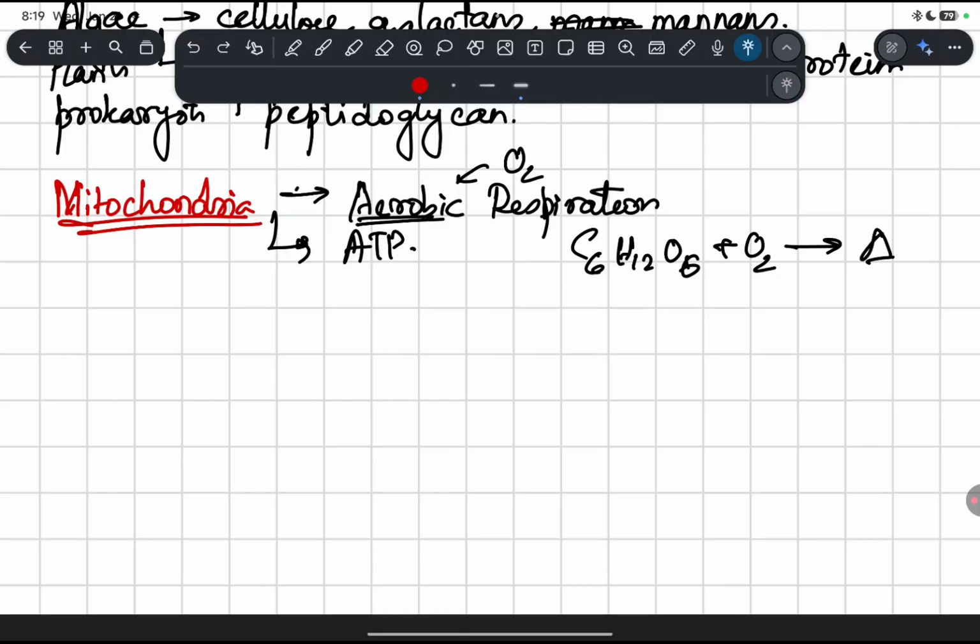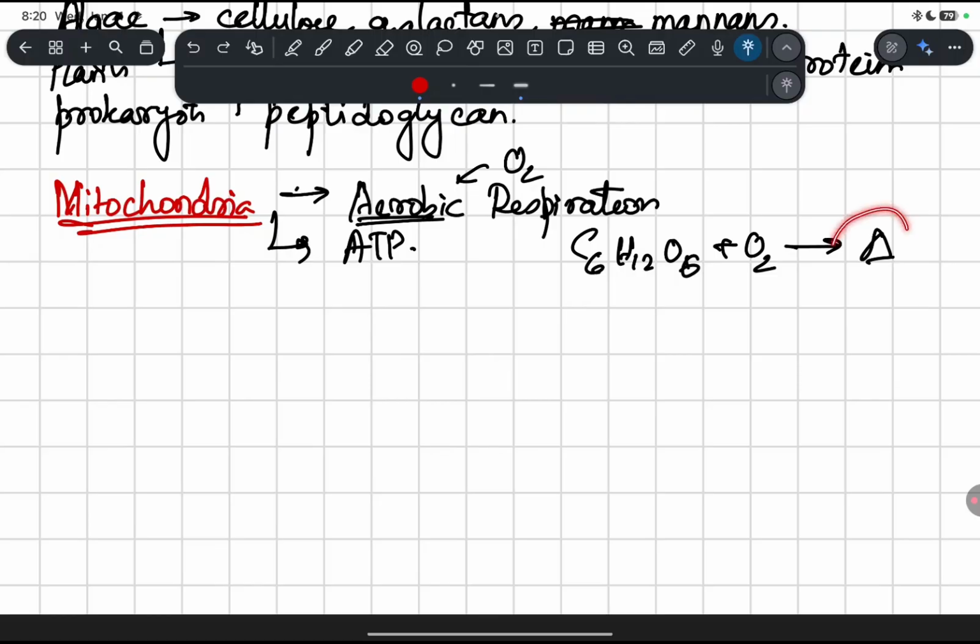For example, when we are running, we feel certain cramps in our body. That is because the body is producing energy without the presence of oxygen. That is the reason we tend to inhale so fast, right? And that is the reason we have cramps. So cramps are due to the formation of lactic acid when the body's respiration is anaerobic.